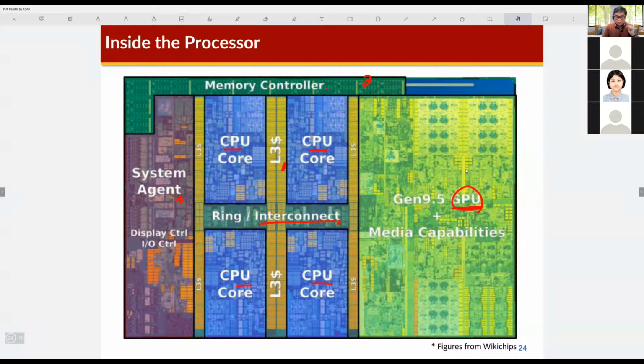Then we can know that this processor has a level 3 cache, and that this level 3 cache is shared by these 4 cores because there is an interconnection bus between these cores here. There is a system agent here. So if you see this figure, you can understand more details of the Intel processor.